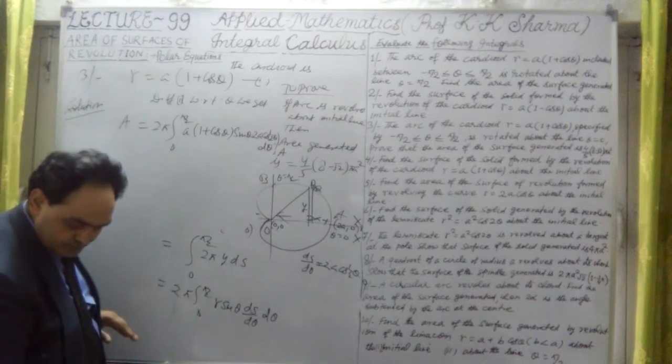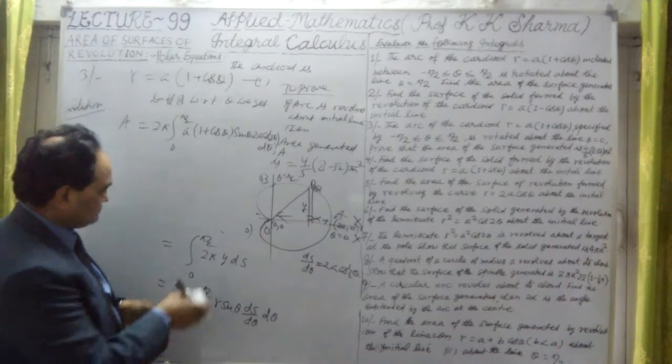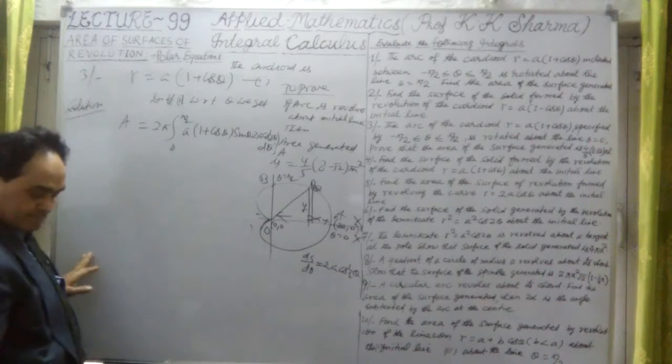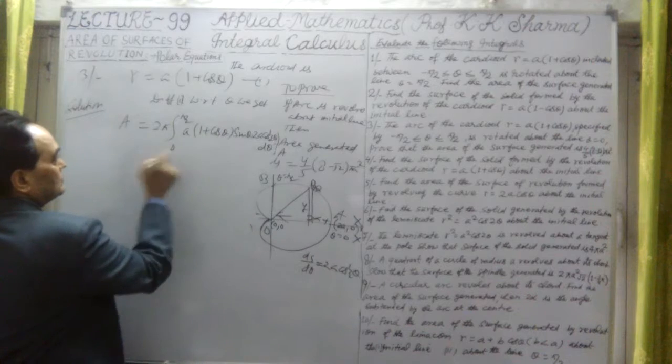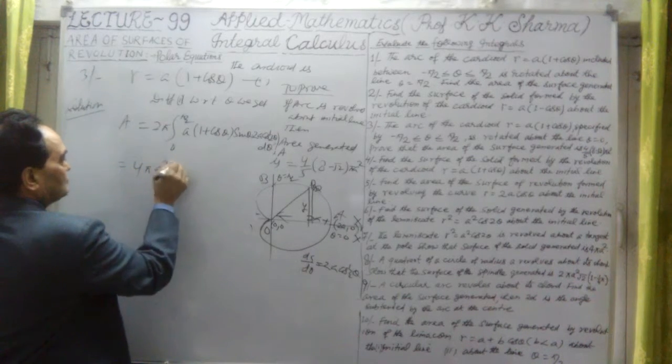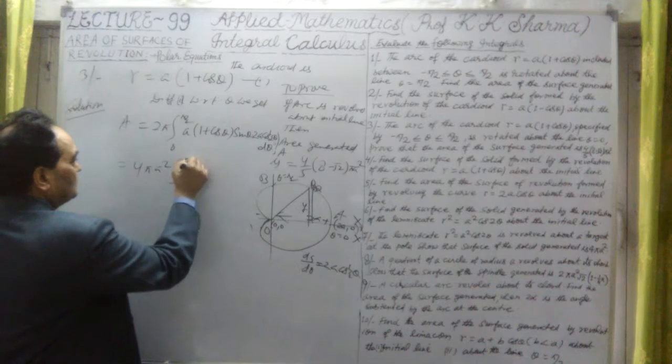This is the value. Therefore, it is a square, 2 to the 4 here, so it is 4 pi a square, 0 to pi by 2.